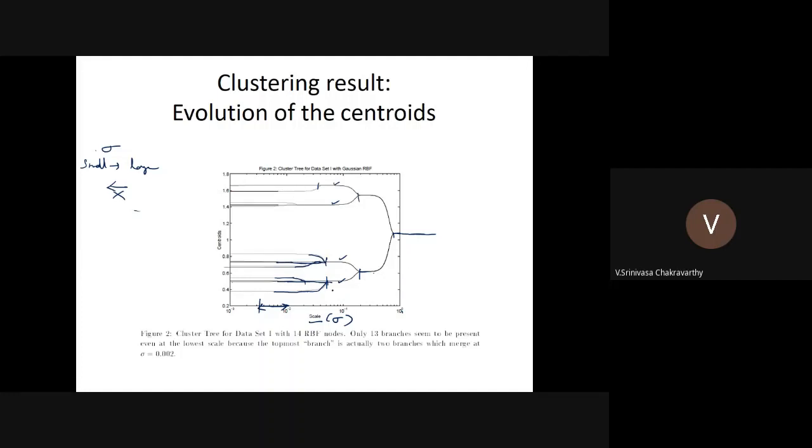But if you look at this stretch, you see that there are 4 prominent clusters, and a lot of other clusters have merged into them. 4 prominent clusters, and no more mergers from here to here. Similarly, from this point to this point, again there are no more mergers. And you might have also noticed that sigma is given in log scale.